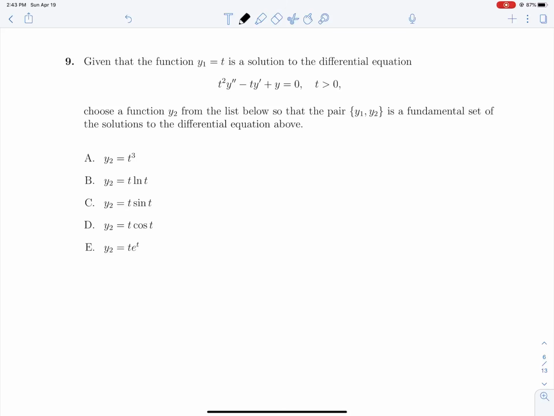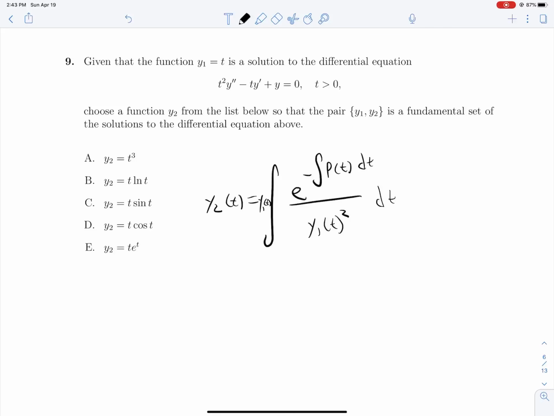Reduction of order says that y2 of t is equal to the integral of e to the negative integral of p of t dt, all divided by y1 of t squared dt, and then can't forget we have y1 of t outside there.